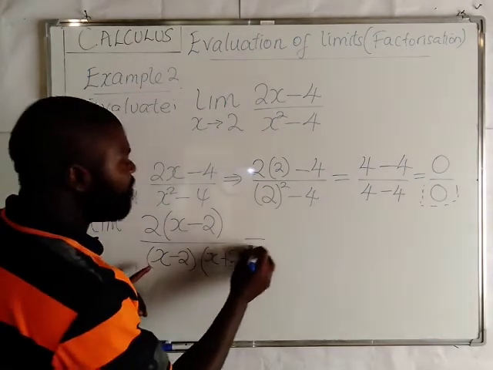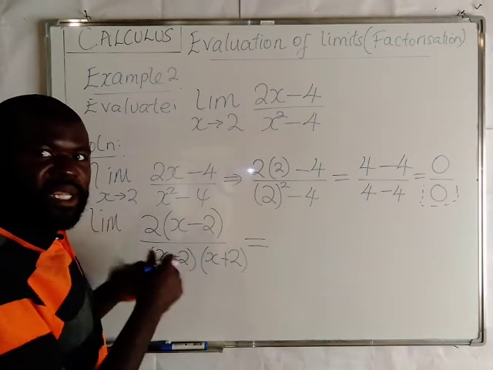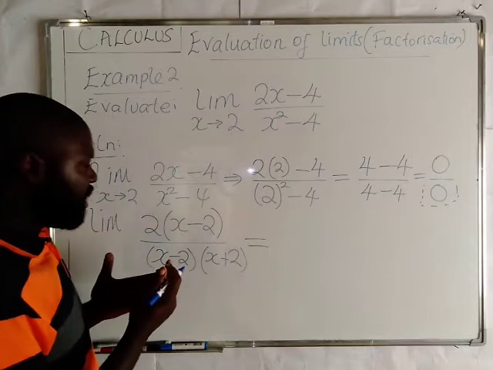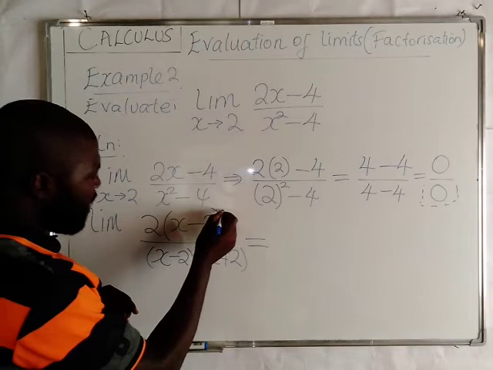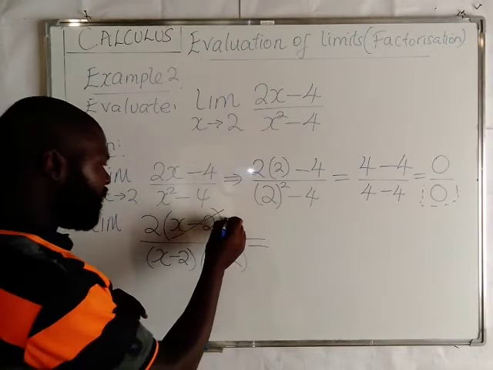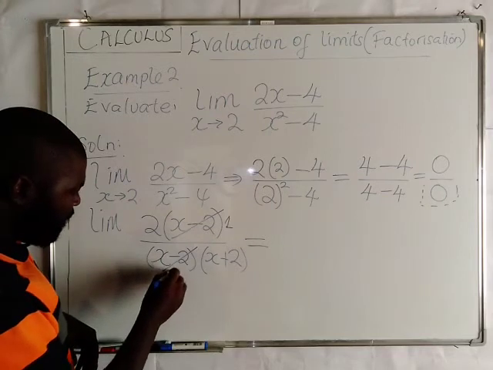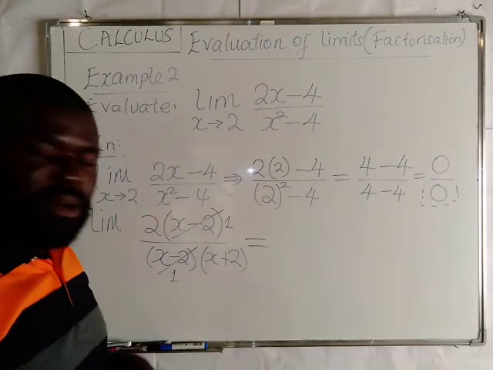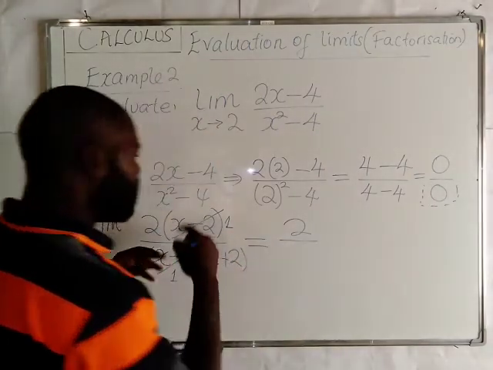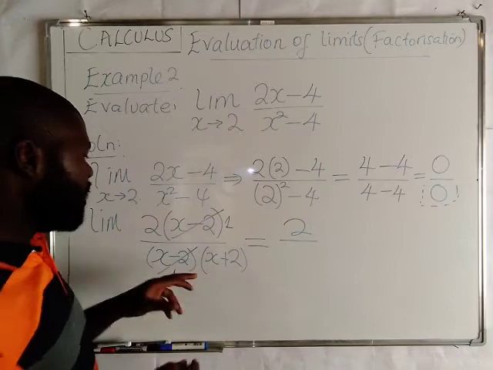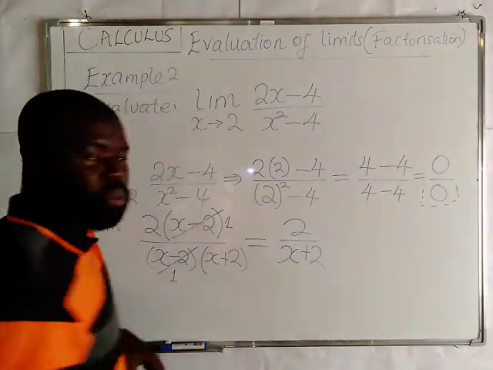So after factorizing, we know there is a common factor on the numerator and the denominator. That one we are supposed to divide. So we say x minus 2 into x minus 2 is 1. So on the numerator we just have 2 times 1, which will give us 2, and on the denominator, we have x plus 2.